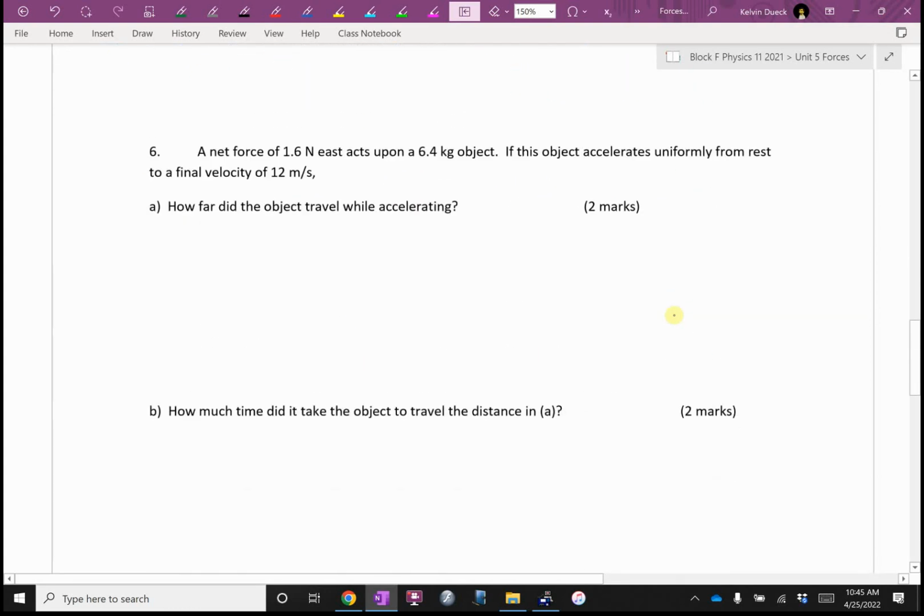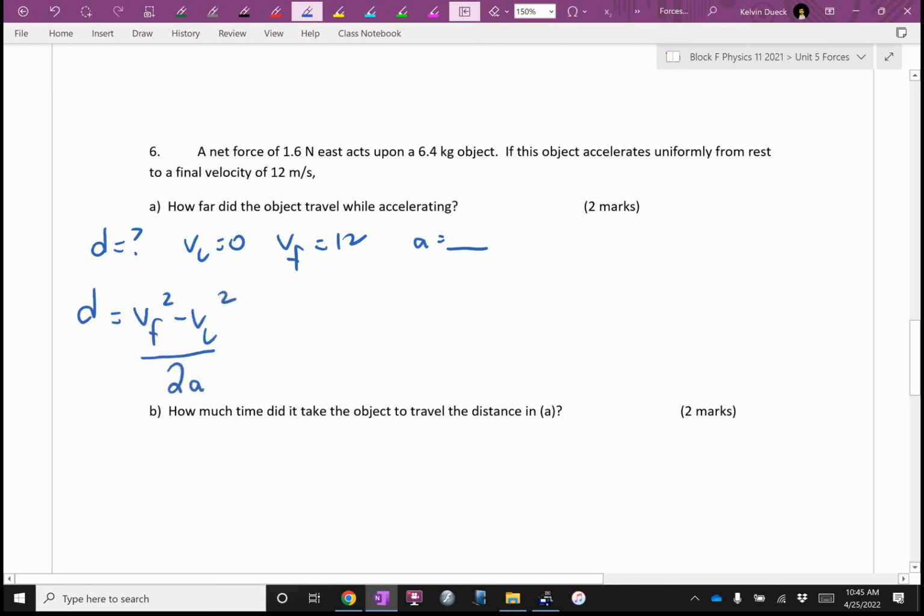A net force. A what force? A net force. Now, it wants me to find a distance. So I said, okay, I saw the good old from rest. VF equals 12. What else do I need if I want to find distance? I need to find the acceleration. Then I can go D equals VF squared minus VI squared all over 2A.